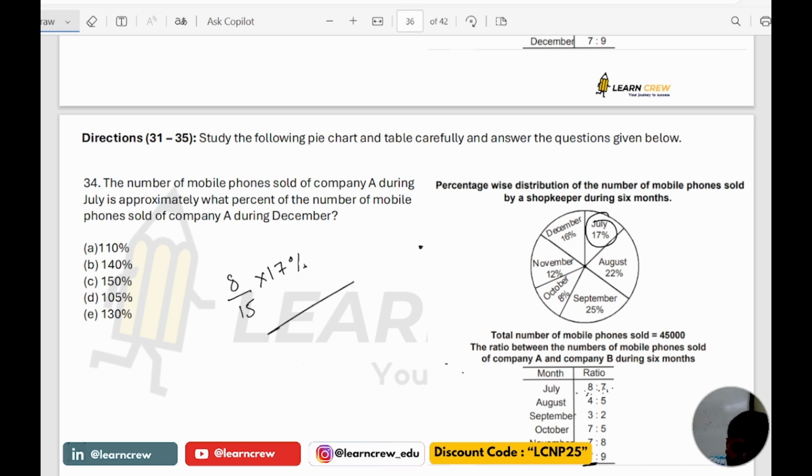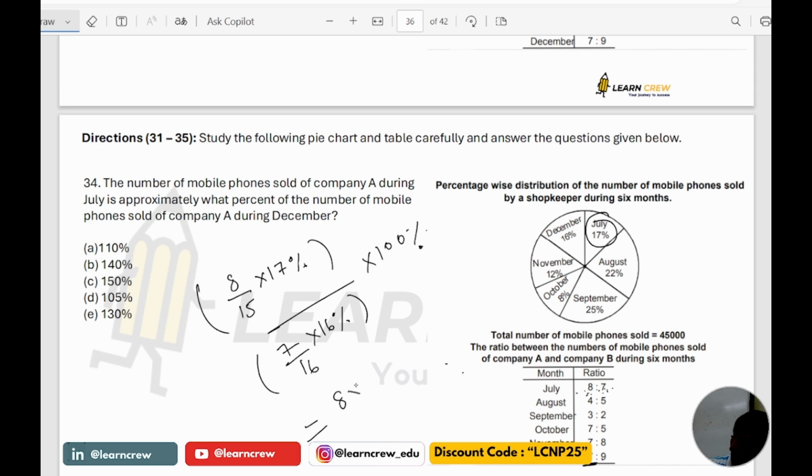Next one is 7 by 16 of 16 percentage. So this is what percentage is asked. Finally, if you simplify this, how much are you going to get? The total value I am not taking, because here also 45,000, here also 45,000. The values will get cancelled.